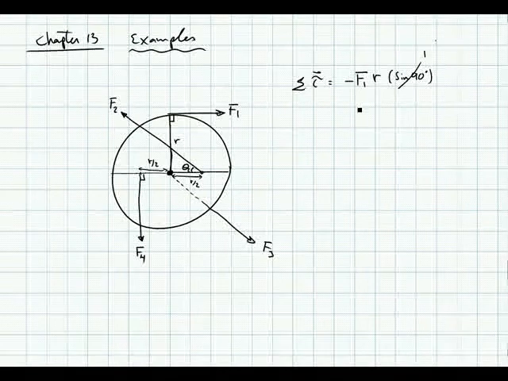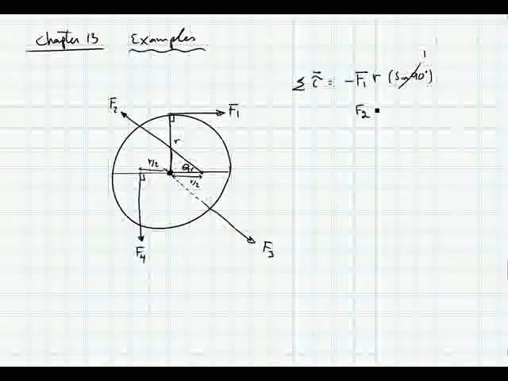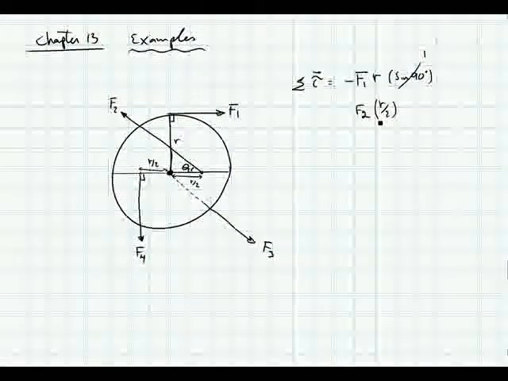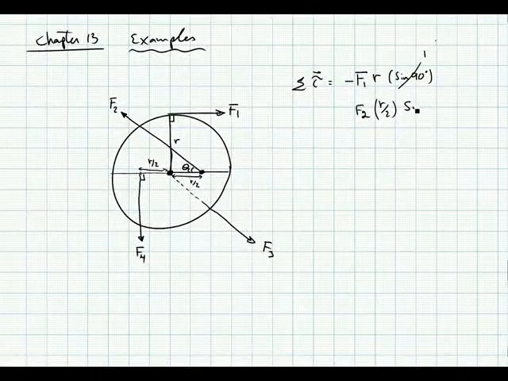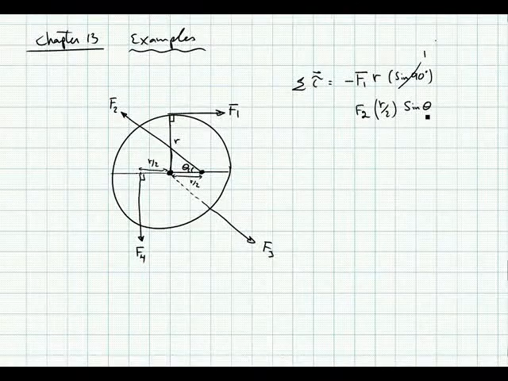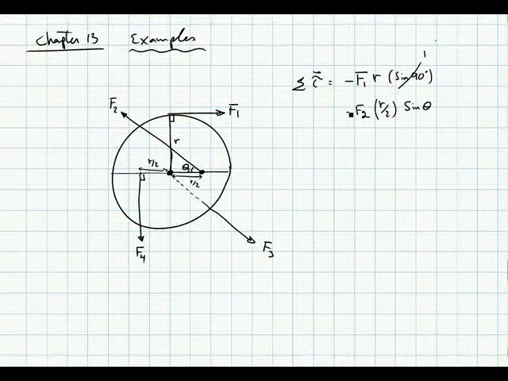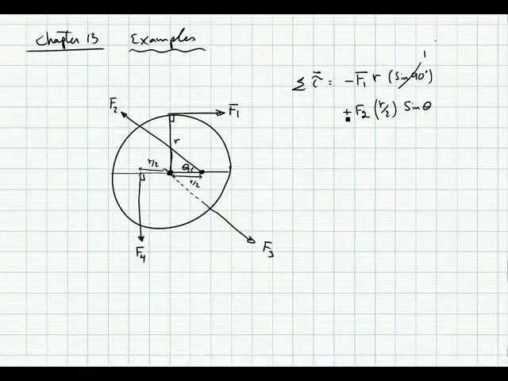Second force is F2. Its moment arm is r over 2. It's the distance from where the force is applied to the rotation axis. This is r over 2, and the angle is theta 2, so sine theta 2. And acting on its own, that would give us a positive torque. That would give us a counterclockwise rotation rather.